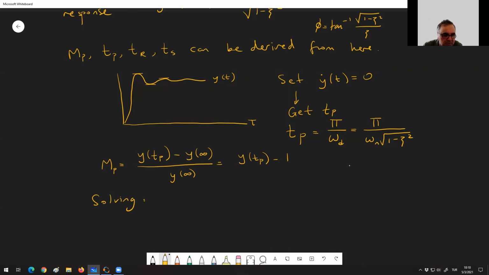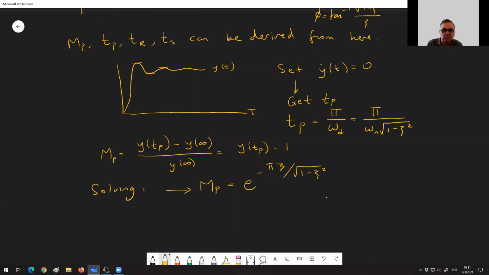Solving, you are going to get the following. MP is going to be e to the minus pi zeta divided by root 1 minus zeta squared. Okay. This will be the maximum overshoot. This is maximum overshoot, not percent maximum overshoot. If you want the percent, you have to multiply this with 100.